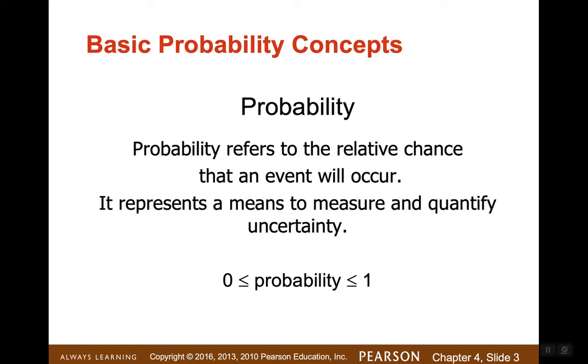So that would be 0.5, which is obviously between 0 and 1. And the probability that it would not be heads would also be 0.5. Add the two together, and they add up to 1.